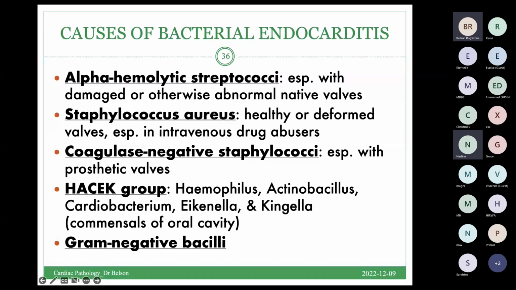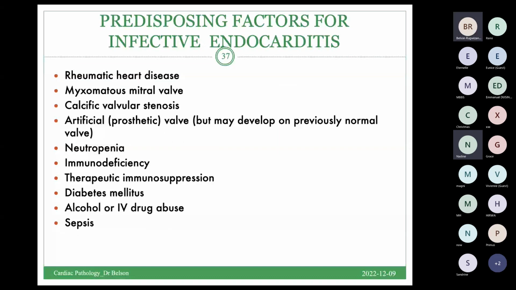Gram negative bacilli. The predisposing factors for infective endocarditis are rheumatic heart disease, myxomatous mitral valve, and calcific valvular stenosis. It means there is a stenosis of the valve: the valve becomes swollen and closes, obstructing the blood that passes through, and sometimes calcifications appear. It is commonly seen when examining a person's valves, which often contain calcifications.